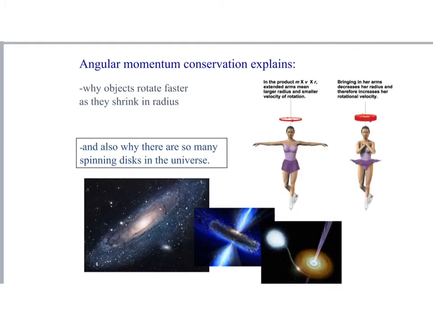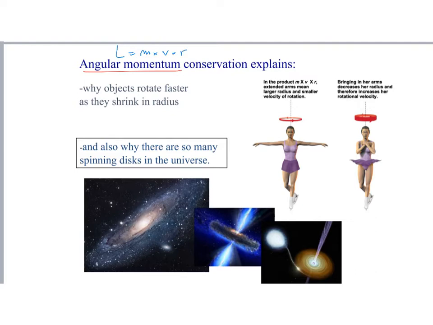Okay, how about the other type of momentum? That was the angular momentum. Does anyone remember what the formula for that was? So angular momentum is the product between the mass, velocity and the arm of the rotation.